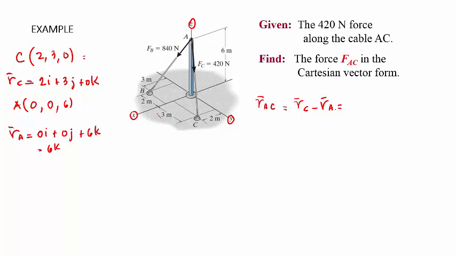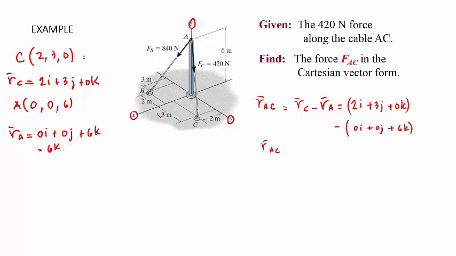So the position vector C minus position vector A gives me the position vector from A to C. So r_C, so I have 2i plus 3j plus 0k minus, in A would be 0i, and I put it like this because that way you have less chance of making a mistake.